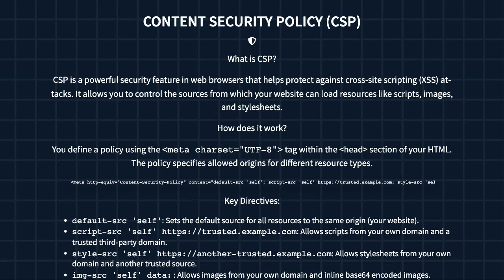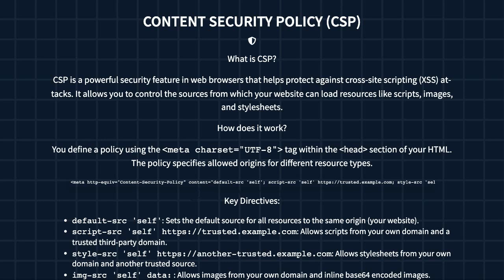Okay, let's talk about Content Security Policy, or CSP. It's a really important security tool for any front-end developer. Essentially, it's a way to tell your browser exactly where it's allowed to load resources like scripts and style sheets from. Think of it as a digital bouncer controlling who gets into your website.